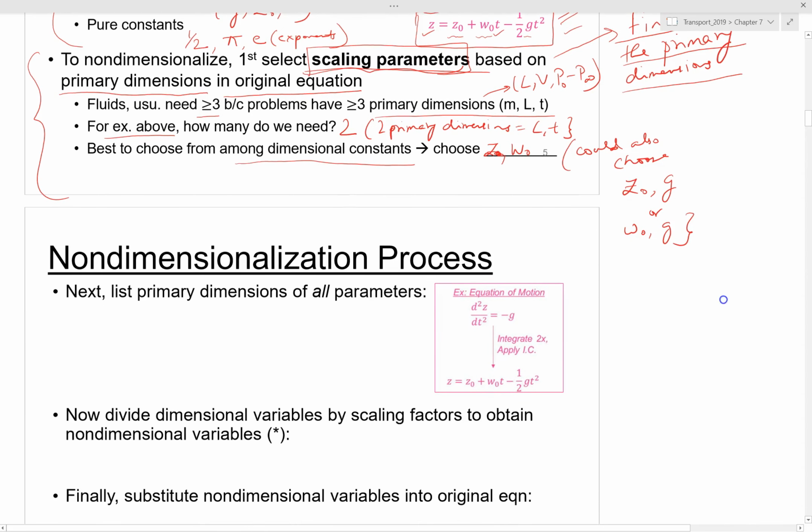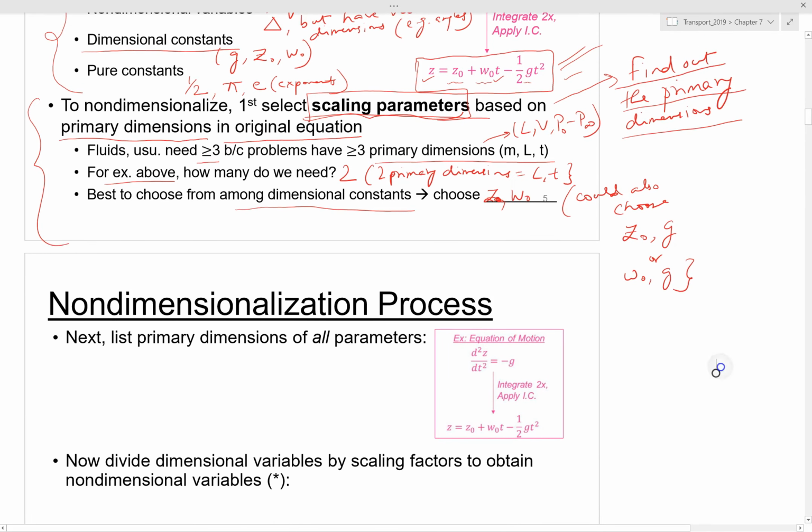Okay, so first step, as I said, list all the primary dimensions. So what are the primary dimensions we have in this equation?